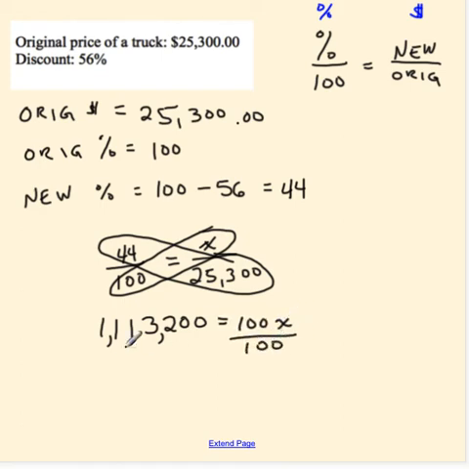So if I divide both sides by 100 and move my comma there, I get $11,132. And that's the new price of this truck, which would make me question what is wrong with the truck.